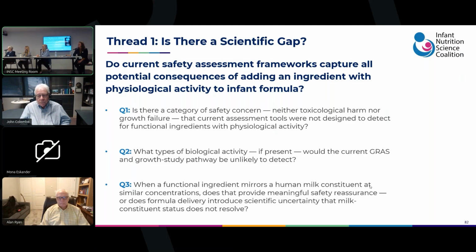It's not about a safety issue, it's just to show an extra benefit. And I would expect in those extra biological tests, which are not just growth studies, we would observe if there's a negative effect. And then, of course, it adds to the adaptation which is needed to use an ingredient or not. But the intention is there's an extra functional ingredient which brings benefits and not safety concerns.